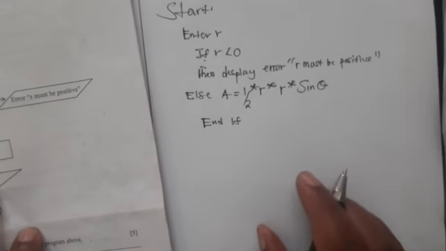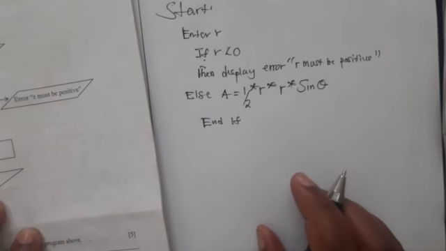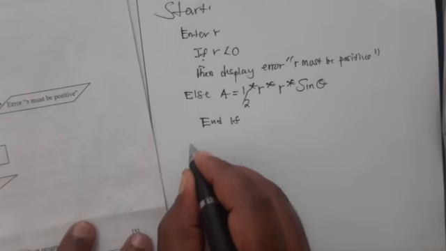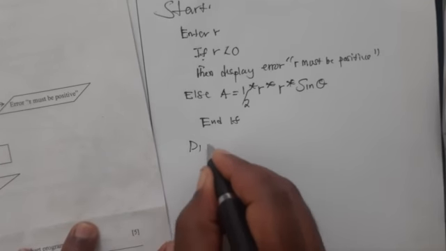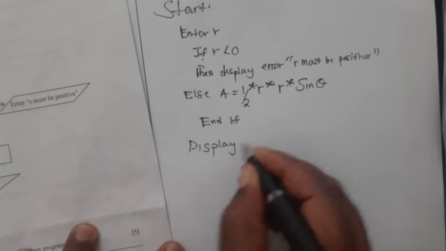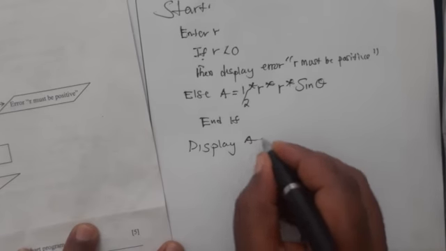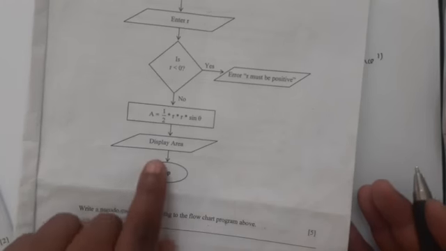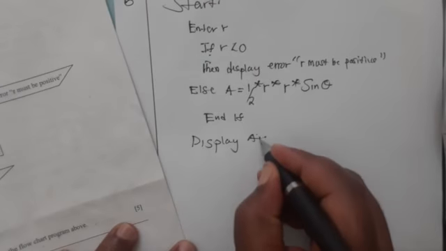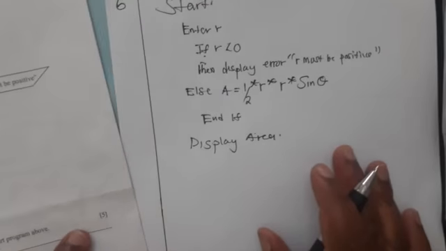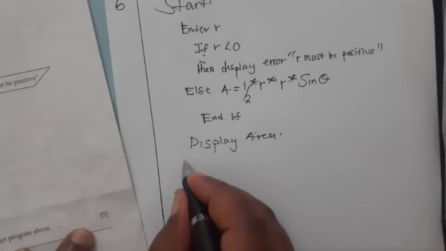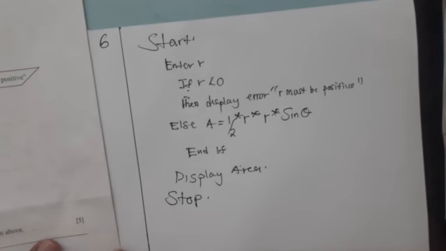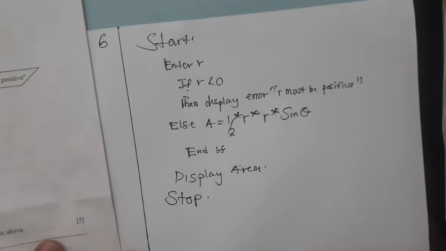It's always a condition, the statement that has to be put there. Then after that we say display area. We say display or display A. Here they have written say area. Alright, so you can write in full, say display area. Then what happens? We stop. So that is a complete pseudocode, and we are done.